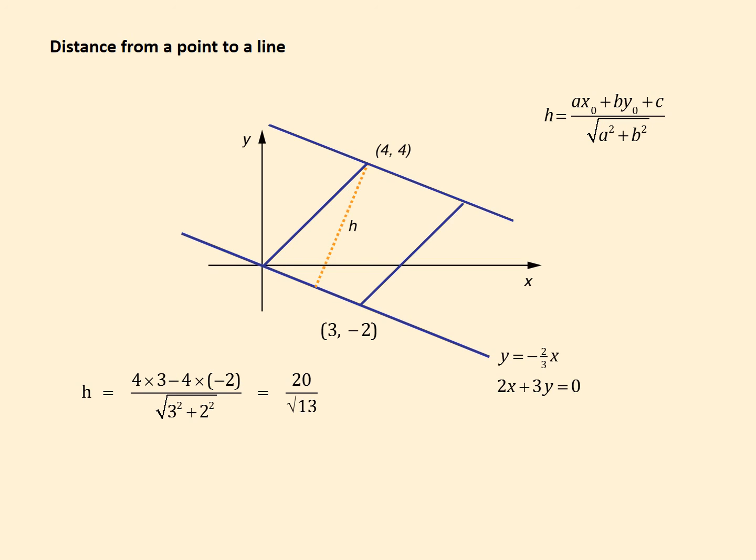But first of all, we'll notice that the regular formula for the distance of a point to a line is ax0 plus by0 plus c divided by the square root of a squared plus b squared, where a and b are the coefficients of x and y in the equation, c is the independent term in the equation, and x0, y0 are the coordinates of the point. And we're going to try and establish that formula.